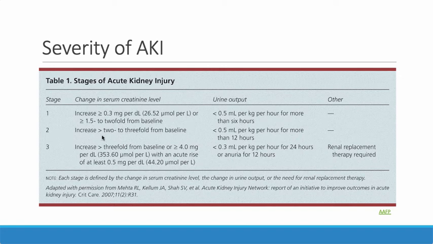Stage 2 then is an increase of 2 to 3-fold of the creatinine from baseline, and that further reduces the urinary output for a longer period of time, for at least 12 hours. And then stage 3 is a 3-fold or 4 milligram per deciliter rise in the creatinine and persistent oliguria, reduced urinary output for 24 hours, or anuria for 12 hours.